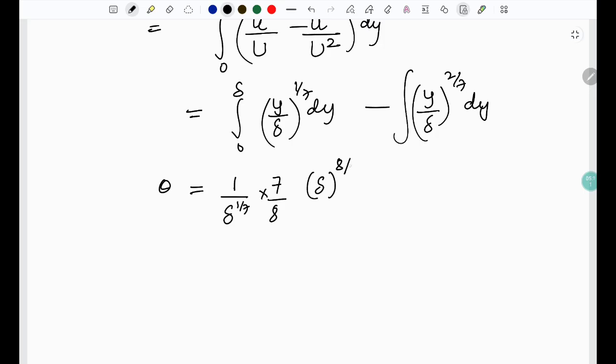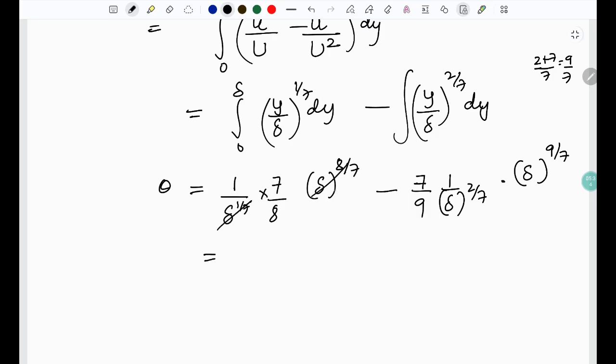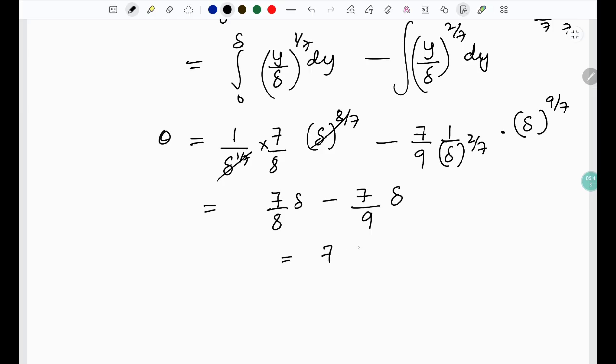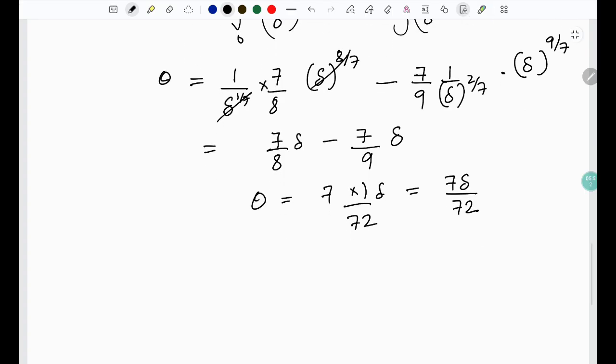So theta will become 1 by delta to the power 1/7 times 7 by 8 delta to the power 8 by 7, minus 7 by 9 times 1 by delta to the power 2 by 7 times delta to the power 9 by 7. This will come out to be 7 by 8 delta minus 7 by 9 delta. That will be 7 common, by 72 delta, that is 7 delta by 72, is your theta.